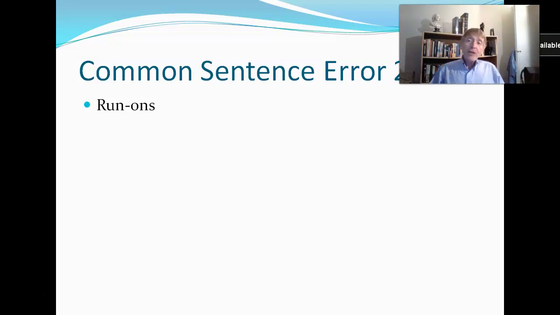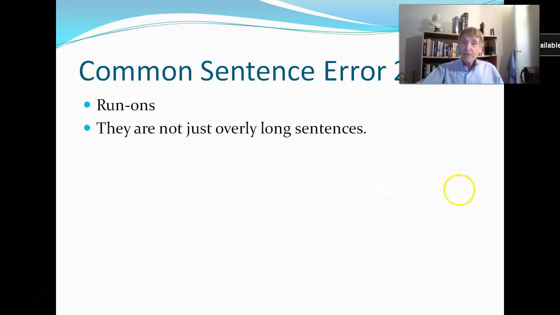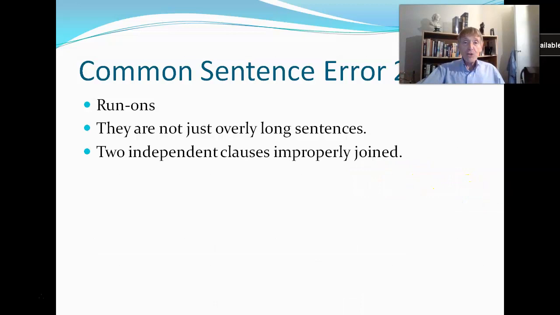And the point here is that a sentence can be very long and completely correct, can also be relatively short, and it can be a run-on. Run-ons are not defined by length. They're not just overly long sentences. A run-on can be defined as two independent clauses that are not properly joined.